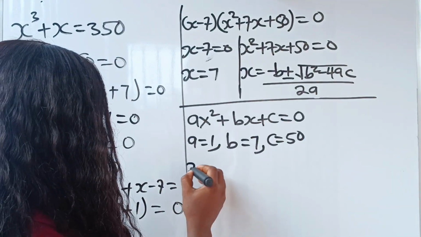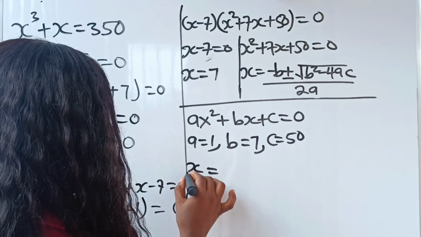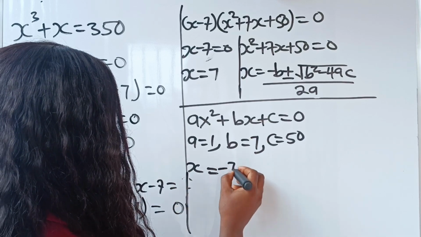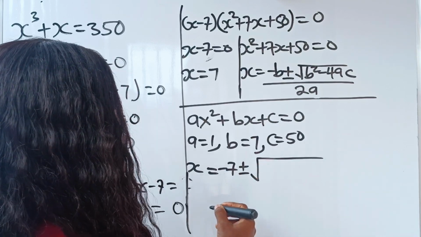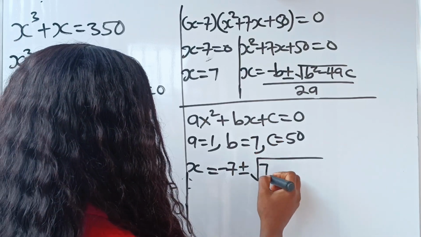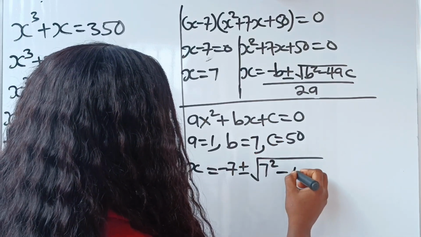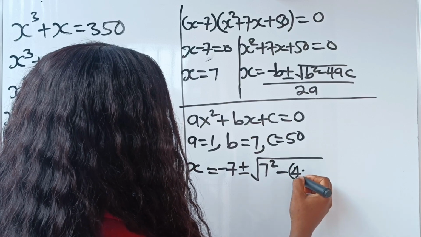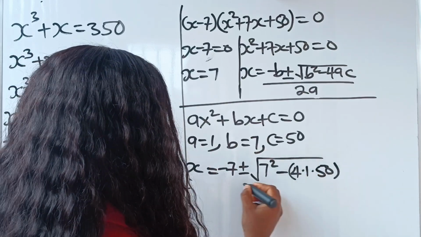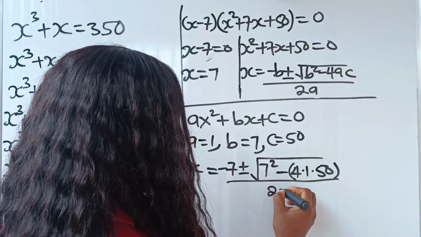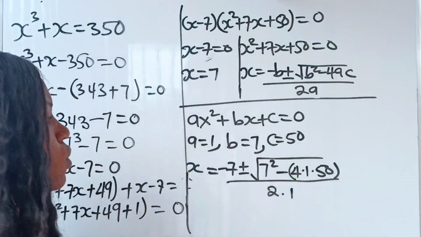So we can write that x is equal to minus b, that is minus 7, plus or minus the square root of b squared, that is 7 squared, minus 4ac, that is 4 multiplied by a, which is 1, multiplied by c, which is 50, and everything is divided by 2 multiplied by a, which is 1.